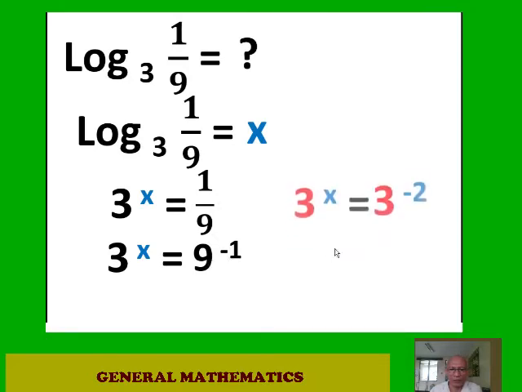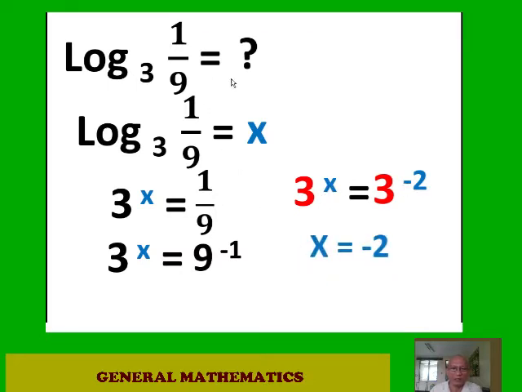And 9 can be expressed as 3 squared. But 2 times negative 1 is negative 2. So 9 to the negative 1 becomes 3 to the negative 2. Now both sides of the equation have the same base. We can equate the exponent, x equals negative 2. So the value of log of 1/9 base 3 is equal to negative 2.